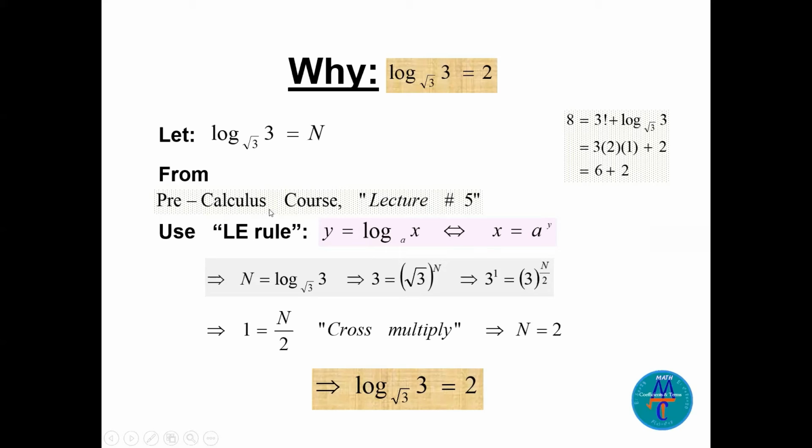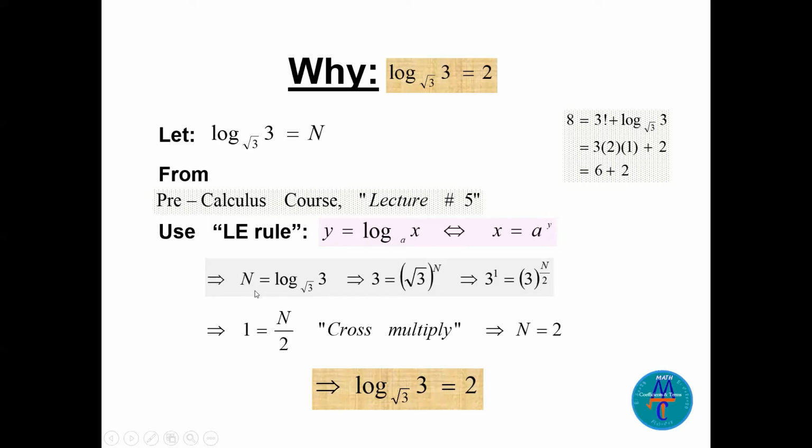Now from the pre-calculus course, lecture number 5, we have a rule, we call it the logarithmic exponential rule. If we have y equals log base a of x, we can convert it to exponential. x here is the argument, equals the base a to the power y. So we can write x equals a to the power y.